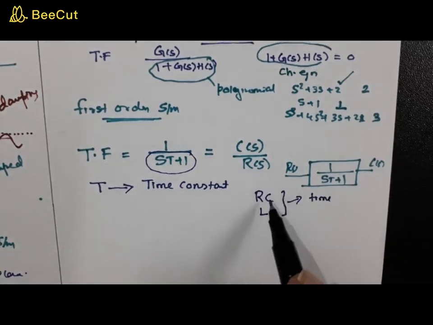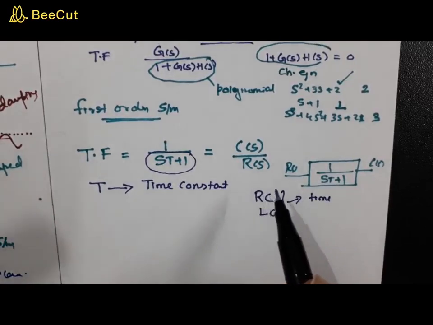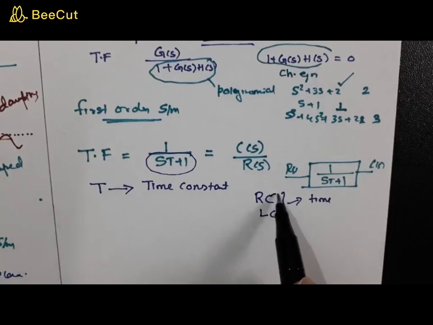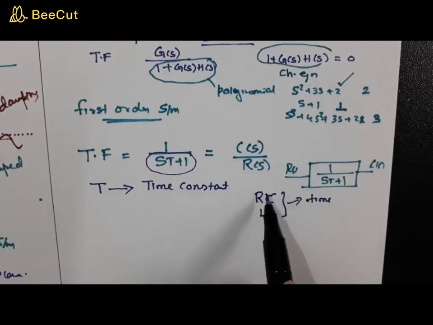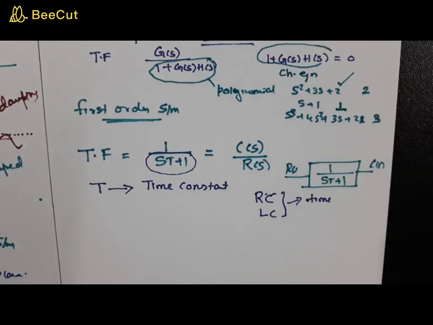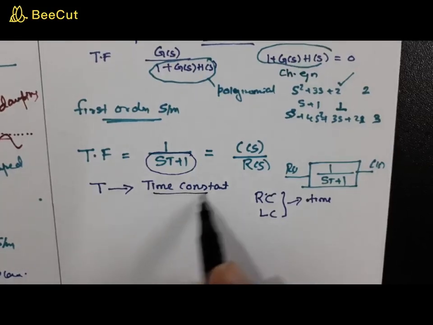As long as resistance and capacitance remain constant, the parameter is going to be constant. Once it is designed, it is designed for a particular time constant.